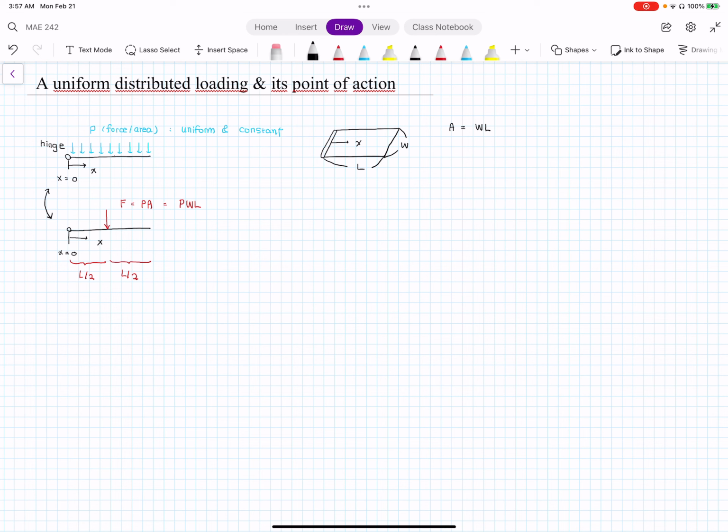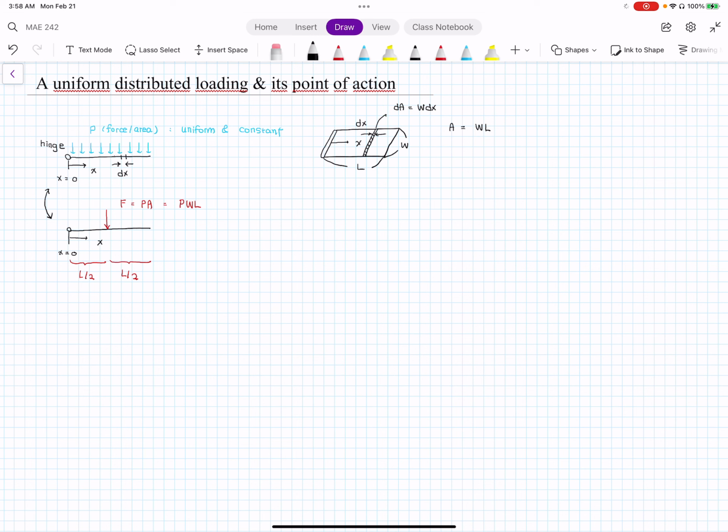Okay, how can I show this? We follow the same steps as what we did in hydrostatics. So we think about an infinitesimally small element, and its width is dx, just like in our hydrostatics class. On the sketch on the right, we have this infinitesimally small area element, and its area is dA equals W dx, because its width is dx.